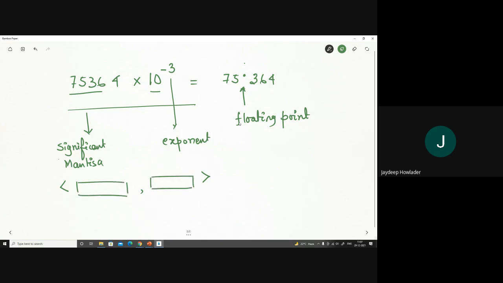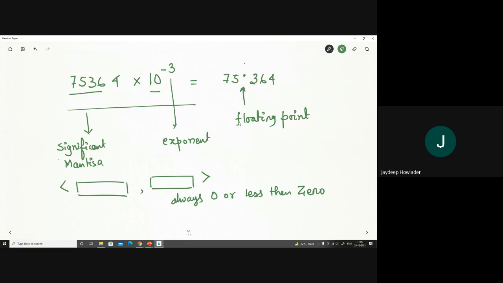Okay. So by default, the exponent is always 0 or less than 0. That means if the exponent is 0, then the number is considered a whole number. If the exponent is less than 0, then the number has some fractional or decimal part.